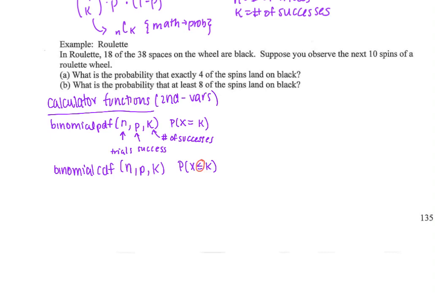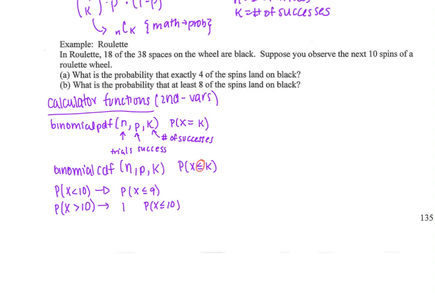So for example, if I want to know the probability that it's less than 10, okay, these are discrete values. So what's the next number less than 10? Less than or equal to 9. So you've got to rewrite x less than 10 to be x is less than or equal to 9, and then you can use the calculator function. If you've got the probability x is greater than 10, the opposite of that is less than or equal to 10.